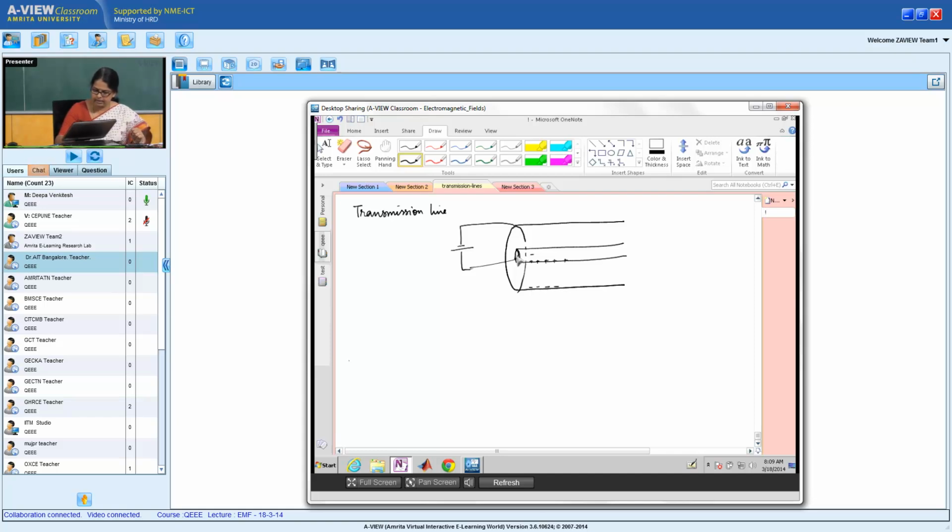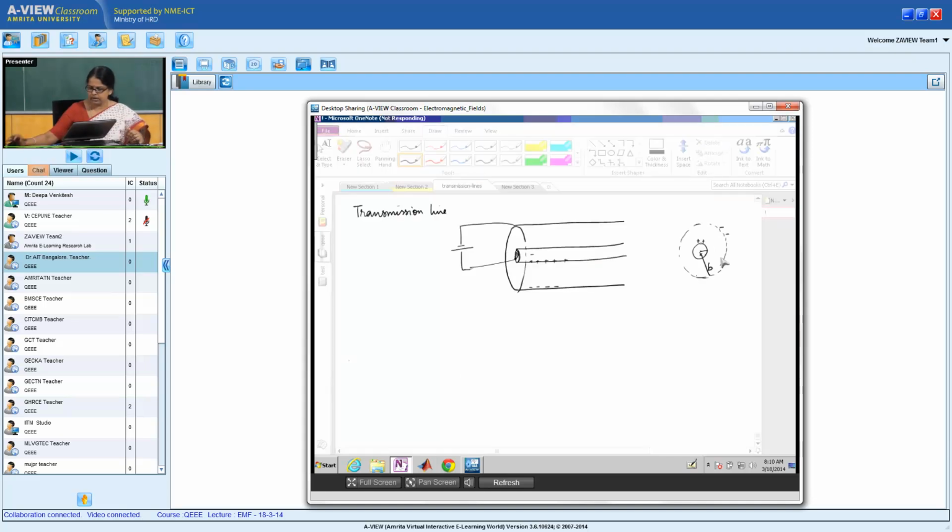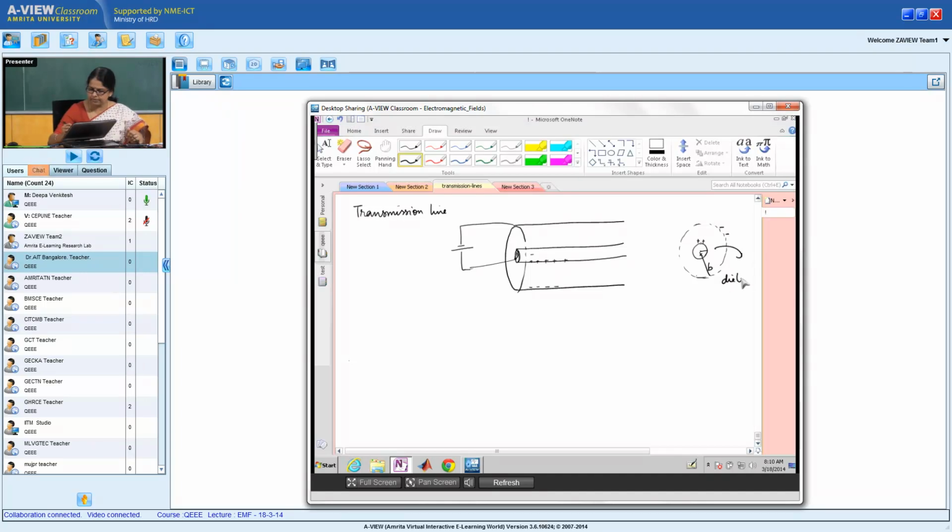Let us say, if I draw the cross section, the inner radius is A and the outer radius is D, and I have charges plus on the inner conductor, minus on the outer conductor, and between the inner and the outer conductor I have a dielectric. This is the structure of a typical transmission line.